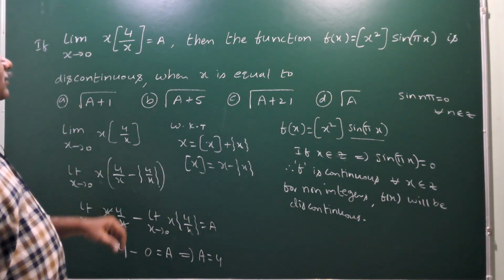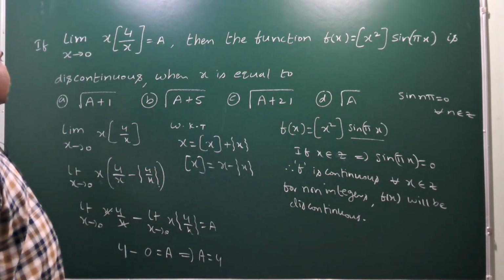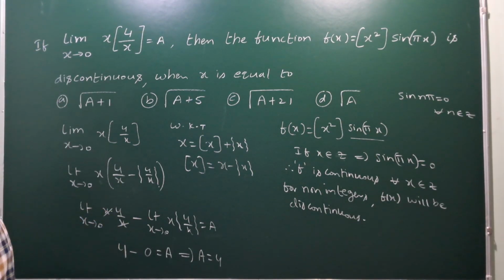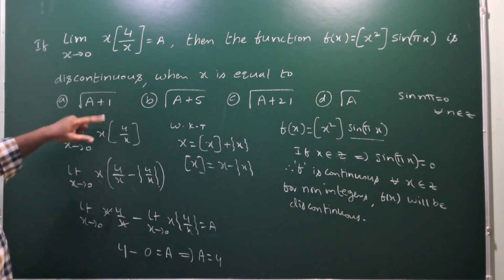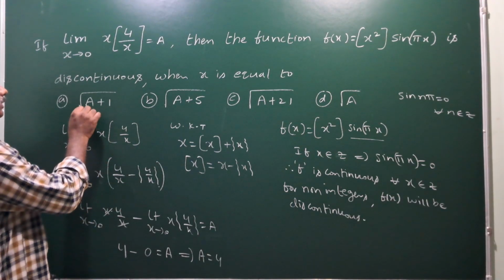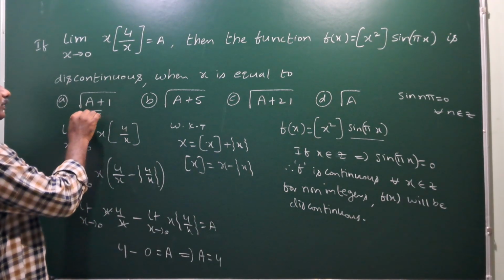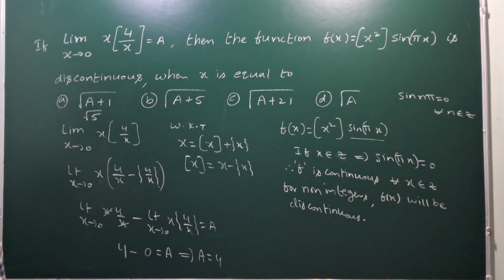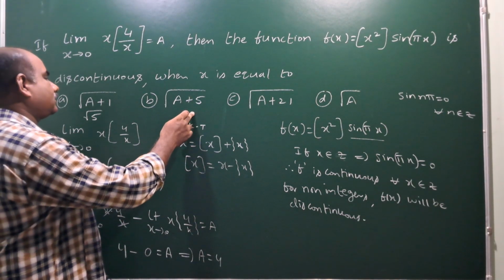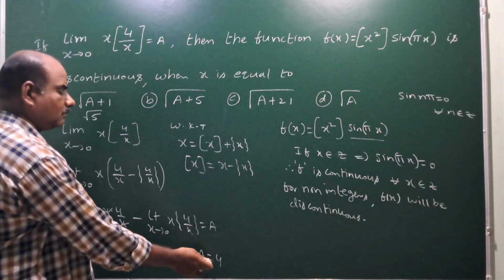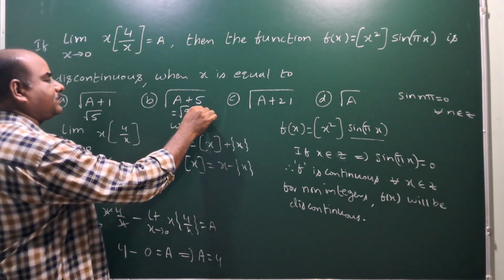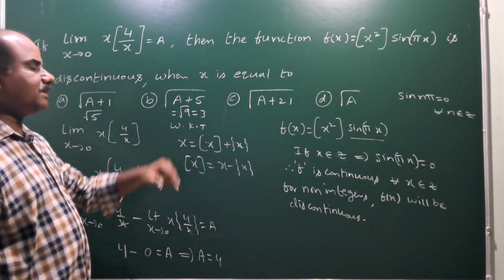Now we have to find the points of discontinuity, so let us check one by one. We have a equal to 4. Root of a plus 1 means root of 4 plus 1, root 5. Is it an integer or not? Root 5 is not an integer. Root of a plus 5 means root 9, which is 3, an integer.